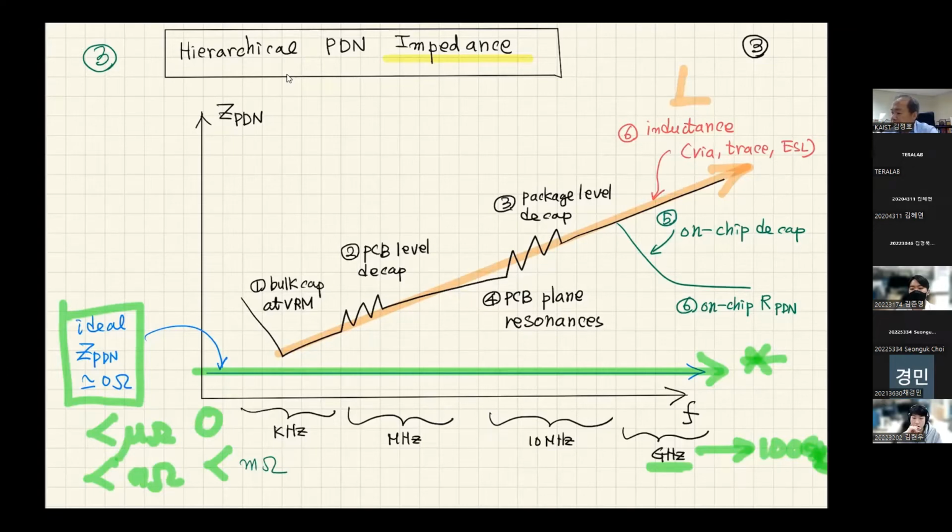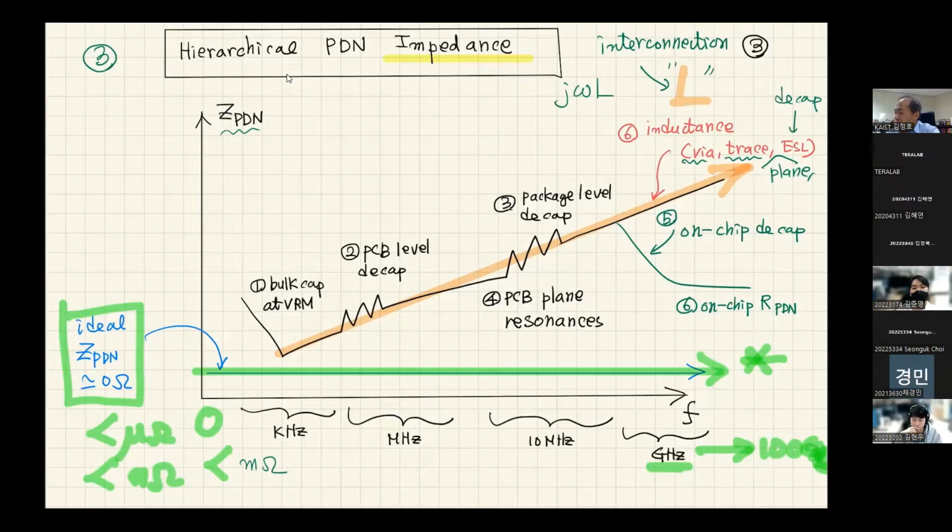This inductance is coming from power vias, traces, planes, and sometimes your decap also has equivalent series inductance. So any type of interconnection in your power supply network causes this inductance. Because of inductance, impedance will increase because of j omega L.